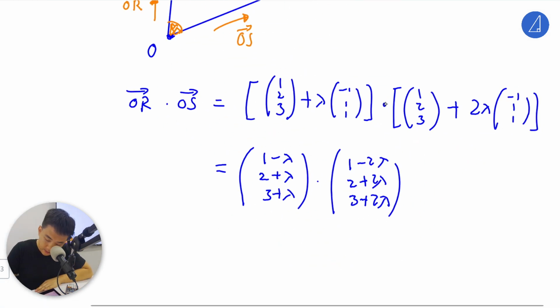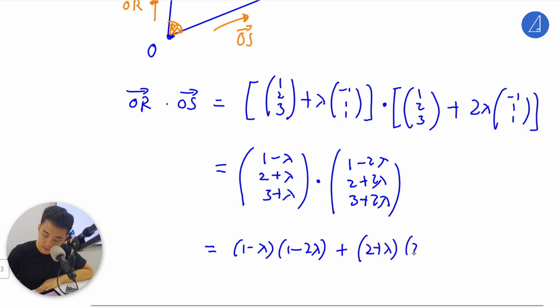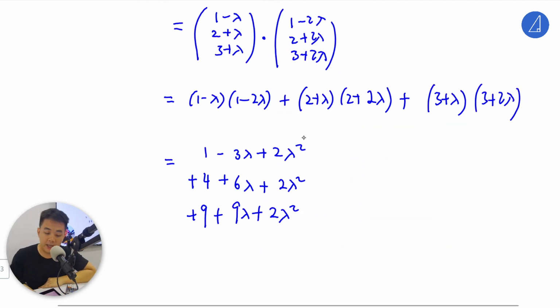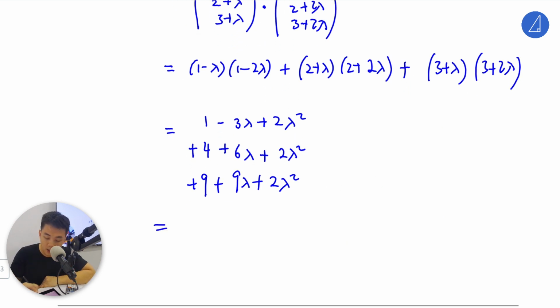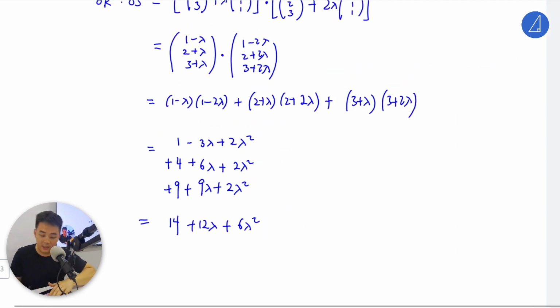Okay, this one, plus 3 lambda. Usually, I would advise once you expand, you try not to work in one line, because you can align them nicely like that. Then it will be much easier. So this one here is what I get.